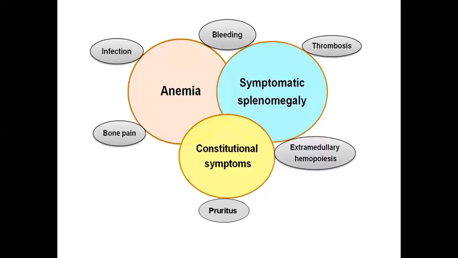This slide summarizes the clinical features of myelofibrosis, the three important clinical features are anemia, symptomatic splenomegaly, and constitutional symptoms.